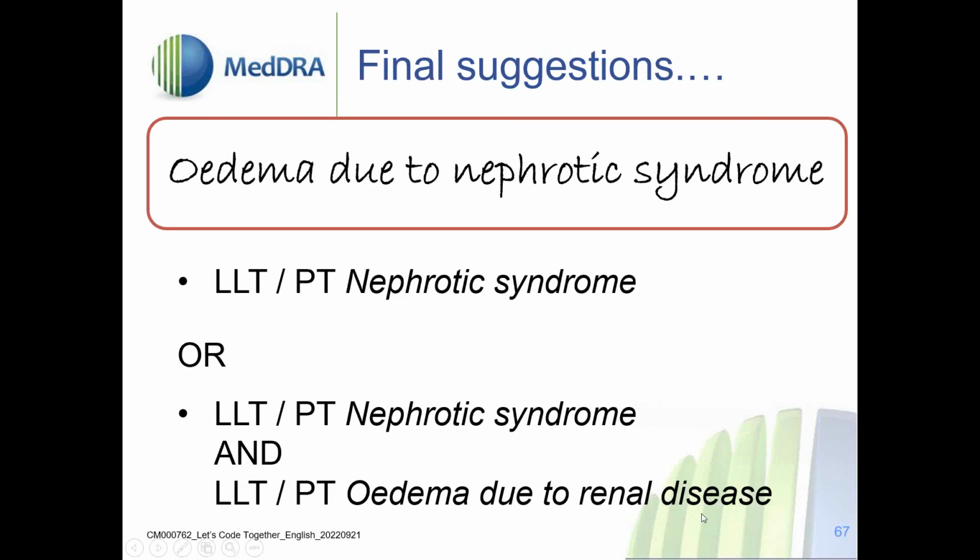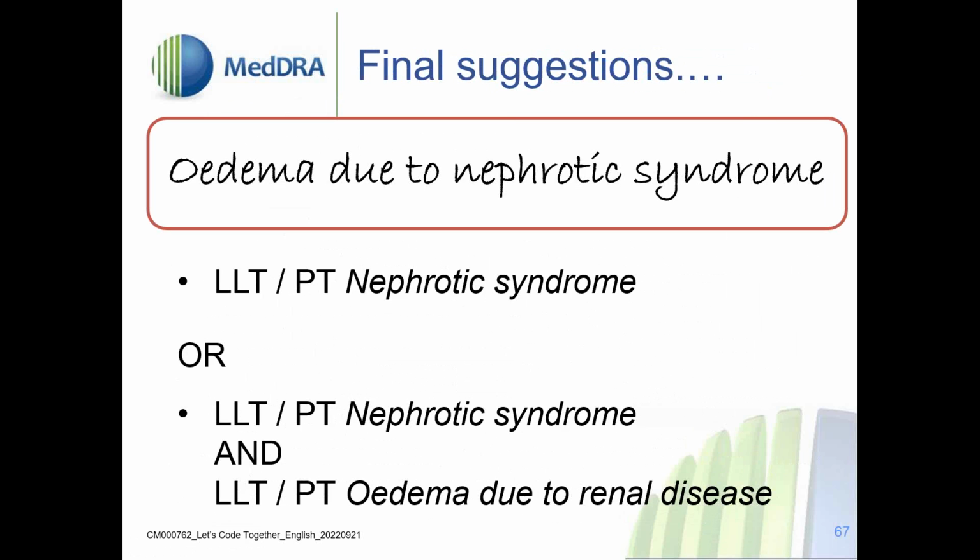Any questions, Jane? Yeah, we've got a comment from Martin that because nephrotic syndrome can occur with varying degrees, it means that the edema is not a symptom that's always present. So capturing the edema as well, as you've just said in your alternate approach, may be sensible using medical judgment. Yeah, but Dorland's says different grades of edema due to renal disease.